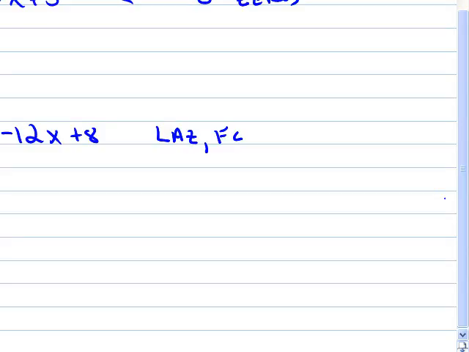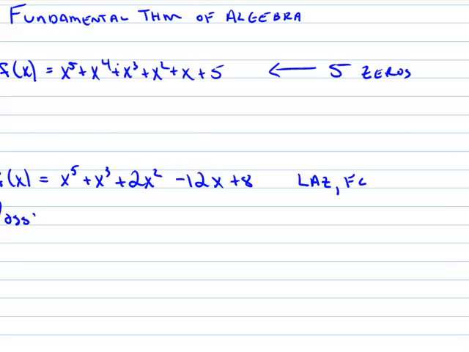And if we change sign, we have minus, minus, plus, plus, plus, plus. So we have one negative real zero. And our possibles, if we do constant over leading, we have 1, 2, 4, and 8, plus or minus, of course.